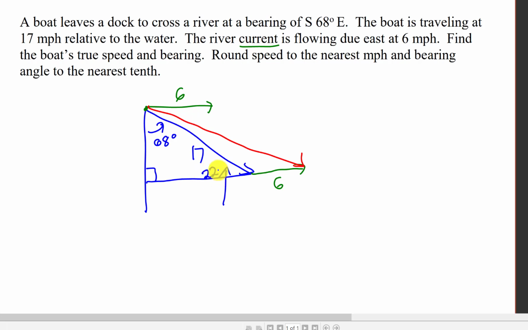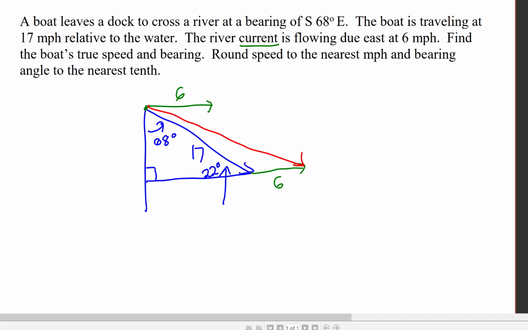So that's got to be 22 degrees. If that's 22 degrees, then I can find this angle, because the 22 degrees and the angle in my triangle have to be supplementary. So I can take 180 degrees and subtract the 22 degrees, and that gives me 158 degrees for this angle.